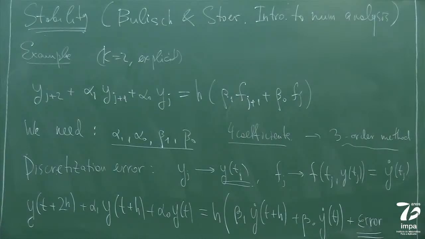The order of this error is usually O of h with some power, say r. This determines r plus 1, and this determines the order of the method.